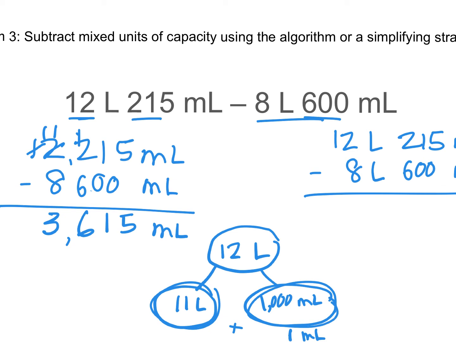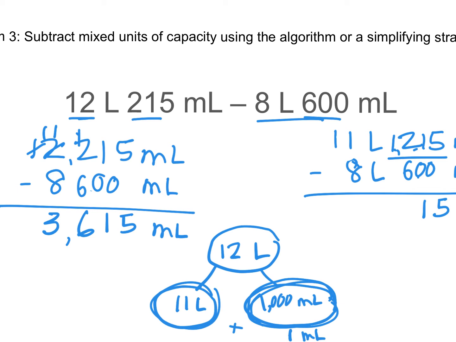So I'm going to have to rewrite this. Instead of saying 12 liters, I'm going to say 11 liters, 1,215, because I'm going to add my 1,000 milliliters into this spot. All right, now let's do some subtraction and see what we come up with. 5 minus 0 is 5. 1 minus 0 is 1.